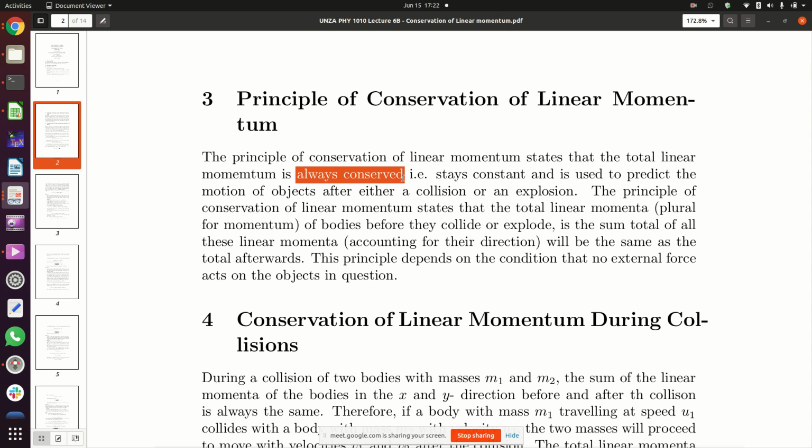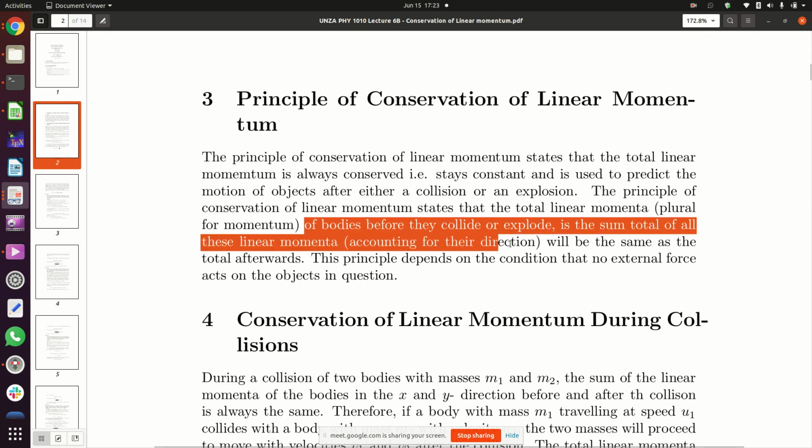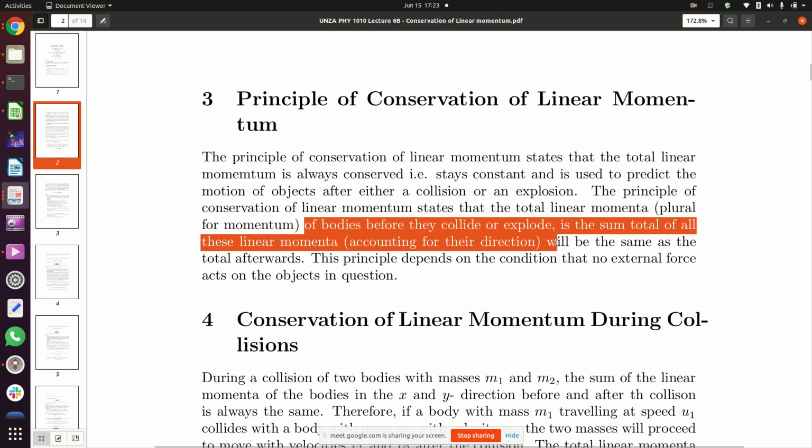So when you work out the total linear momentum before an event and just after the event, it has to be the same. So the principle of conservation of linear momentum states that the total linear momentum of bodies before they collide or explode, which is the sum of the momenta according to their directions, should be the same afterwards.